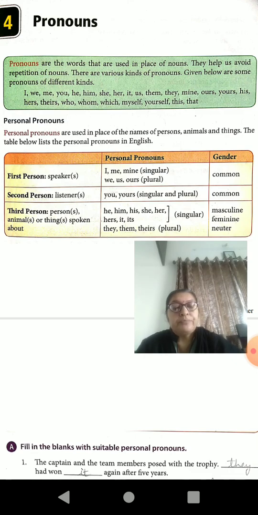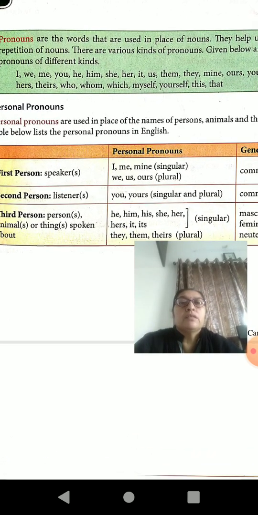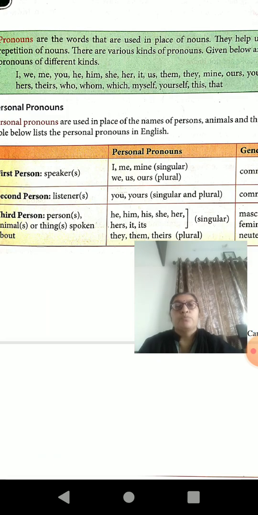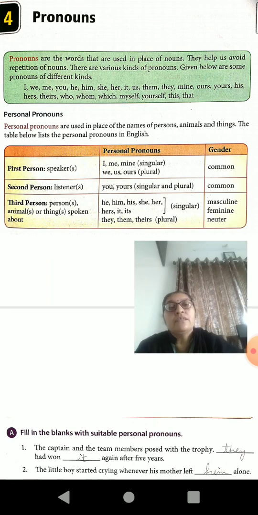So children, these things you have to keep in mind and also copy down this table in your notebook so you can understand the pronouns respectively as per first person, second person and third person.